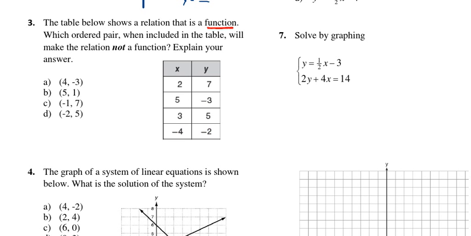So the question is, if we were to add one more point here on the table, which of the points that we have here will make this, which is a function right now, not a function anymore?